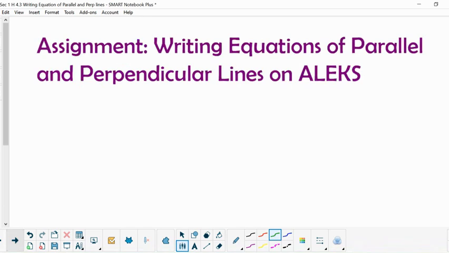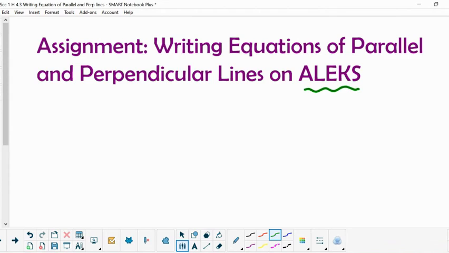Okay, if you will get a piece of paper for the assignment, please. Grab a sheet of paper. So the first few, can you fill out your paper first and then you can go. First few are you're just writing that equation. Watch and see if it wants slope-intercept form, then you have to solve for y. But if it just says equation, you can leave it in point slope.